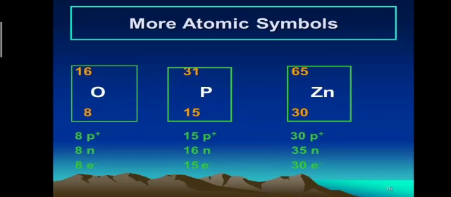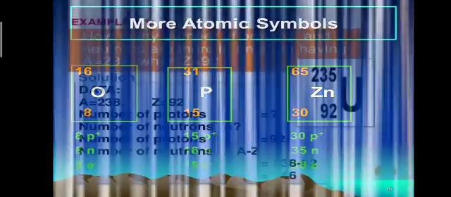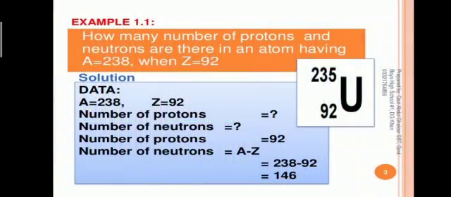Now for zinc, the atomic number of zinc is 30. It means that the number of protons or the number of electrons is 30 and the remaining are the number of neutrons. Here is an example of uranium. Uranium has the atomic number 92 and the mass number 235. We have taken the isotope of uranium which has mass 238 and atomic number 92.